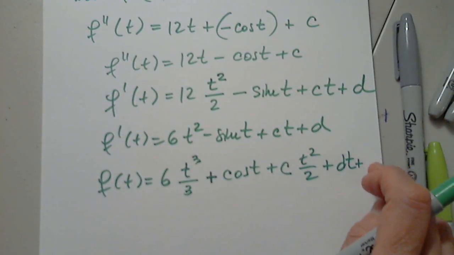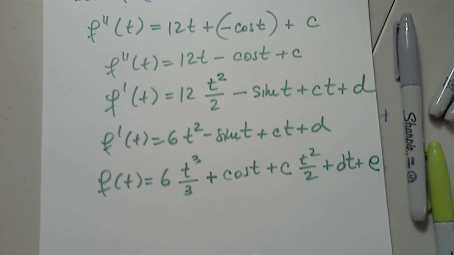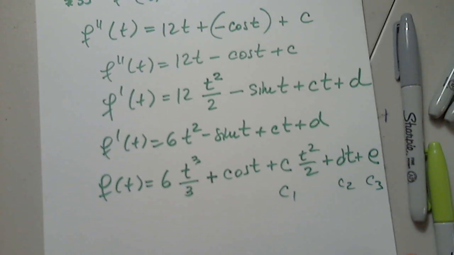Plus which function prime is 0? A constant e. See, it looks okay, but it's a little bit more weird with c, d, and e. Better c1, c2, c3. But it's the same thing. It doesn't matter. Whatever you prefer. Any questions?